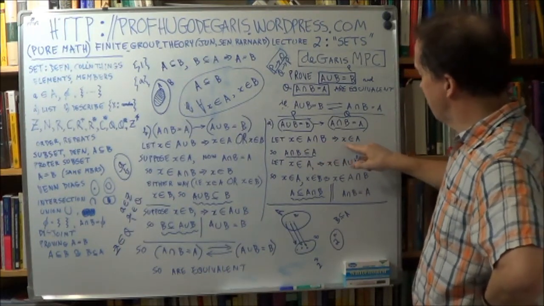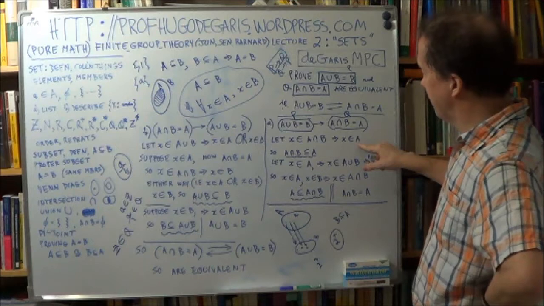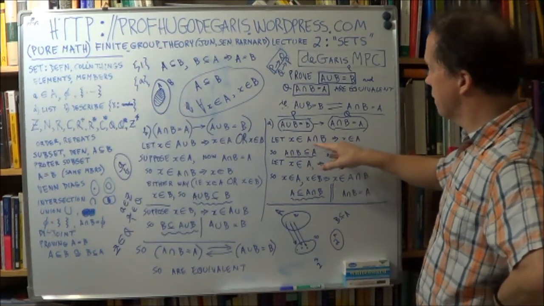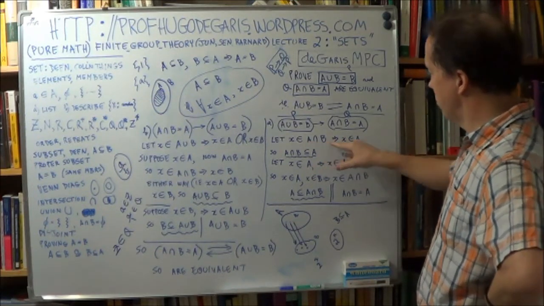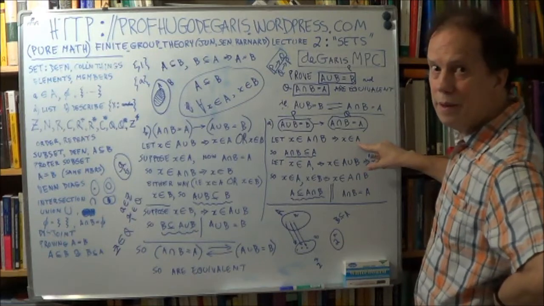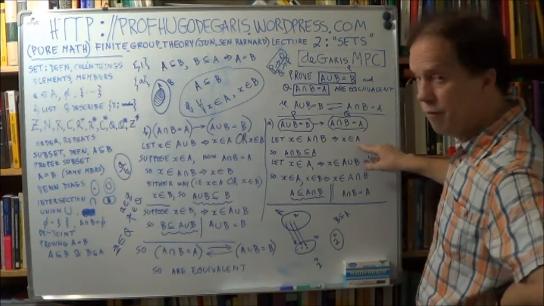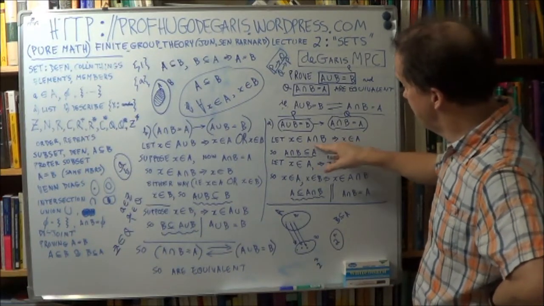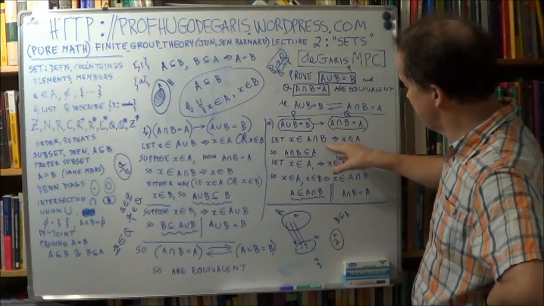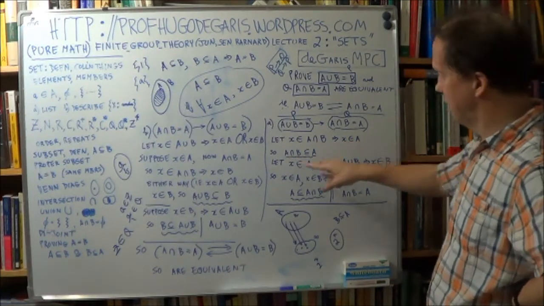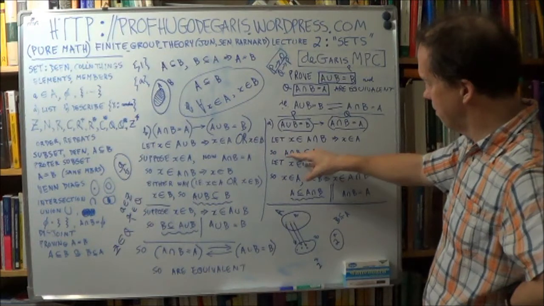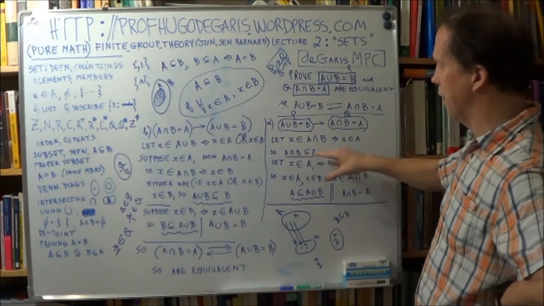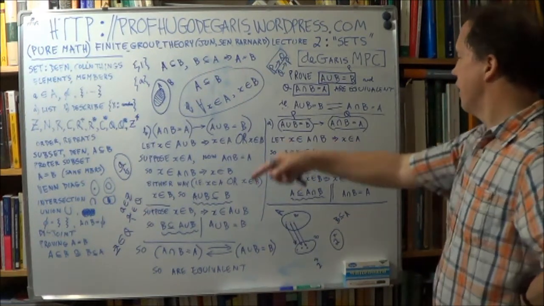So that means that X belongs to A. Okay? So if X belongs to this, X also belongs to A. Now, that's the definition of a subset, remember? So that means this intersection is a subset of this, right? So we have that. So the intersection is a subset of A, all right? Now let's go the other way.